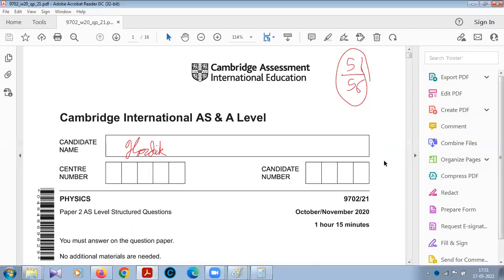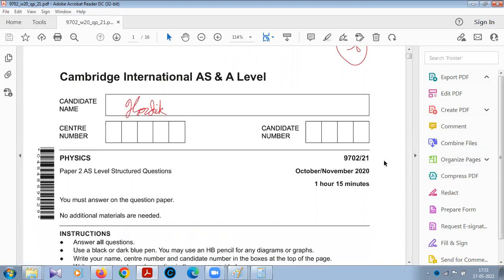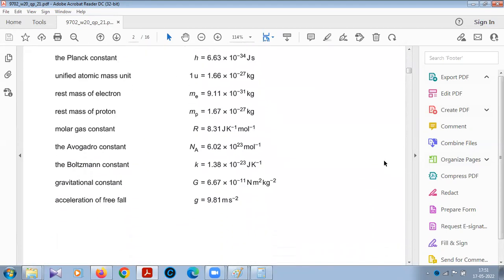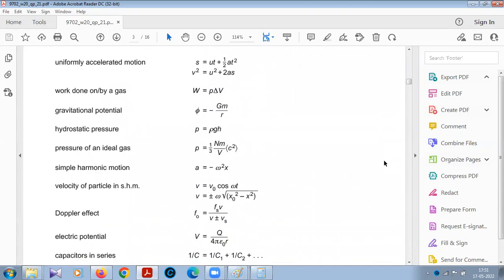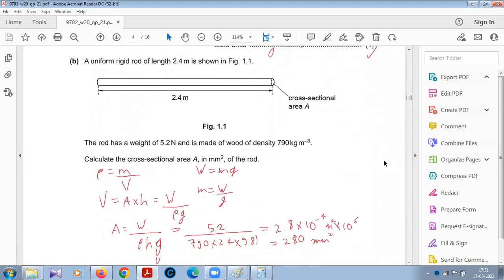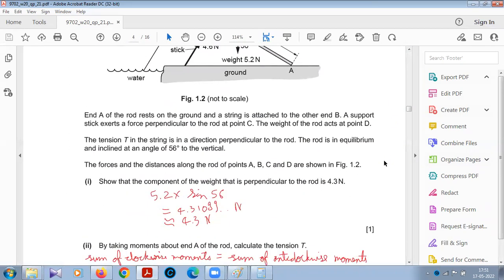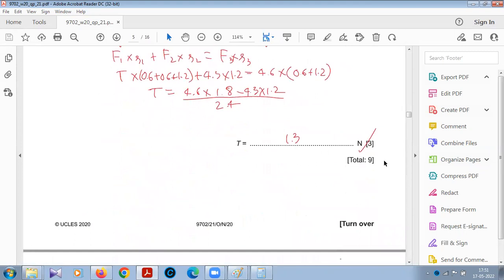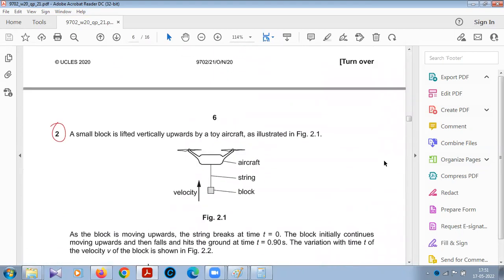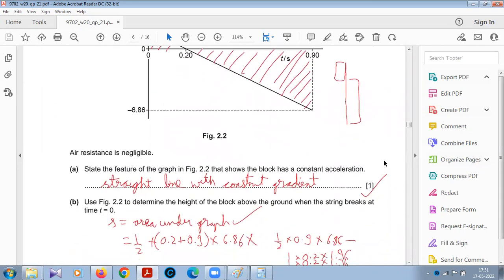So this was the paper October November 2020. So let's see where your doubt is. So 19th you have the structured question, structured paper two.